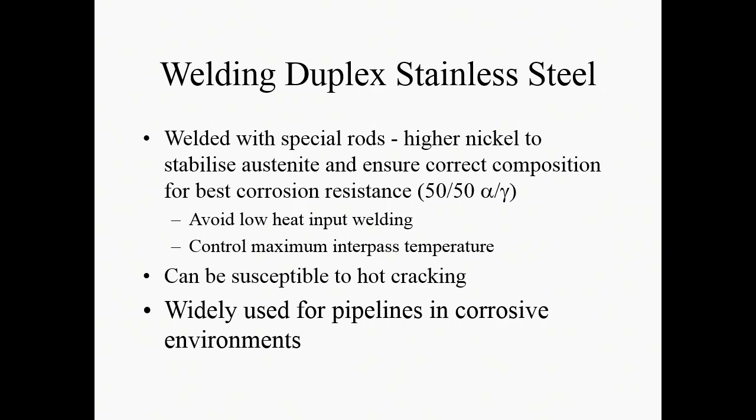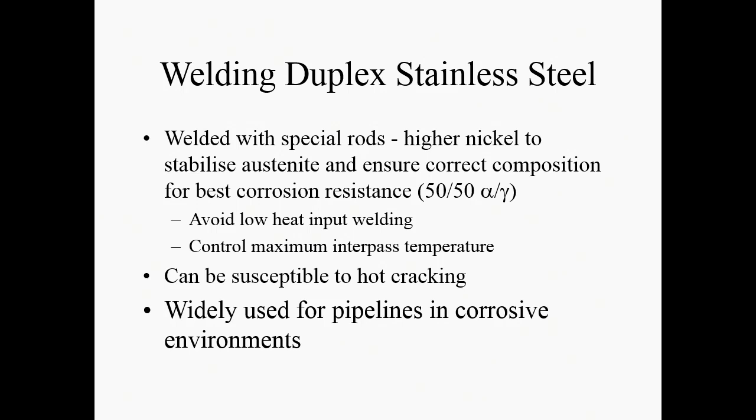So we can weld them, but they have to be welded with special rods. A huge amount of effort was put into developing welding techniques for super duplex and duplex steels. And the advantage about this is that effort paid off, and there are good ways of welding them now, unlike the weldable ferritic grades, which we never really achieved, or the weldable martensitic grades.